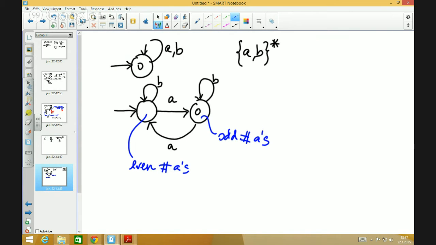If you now see B's, you stay happy because you had seen an odd number of A's. The fact that you're seeing B's doesn't change that. But if you see another A, then you were odd before, the parity of the number of A's changes, you become even again. And that's not a happy state. That's why this automaton accepts all the strings of A's and B's with an odd number of A's.